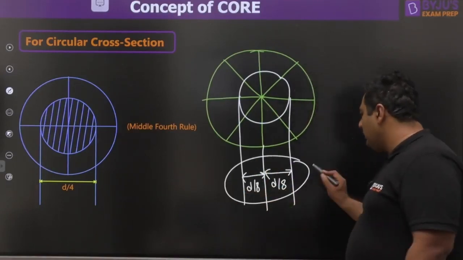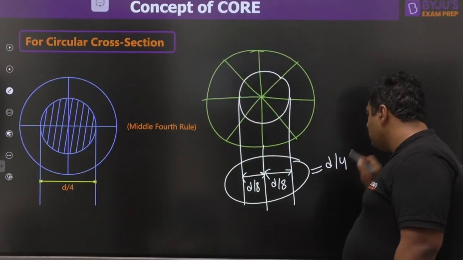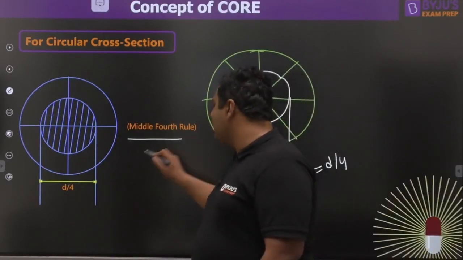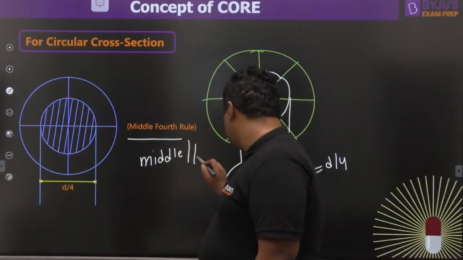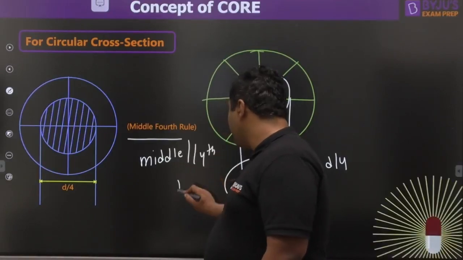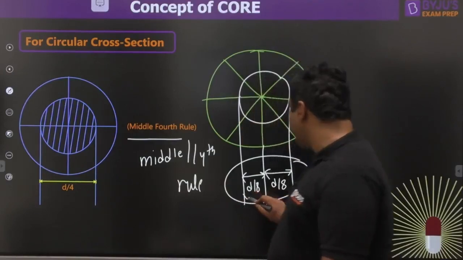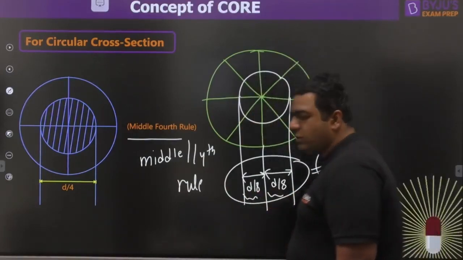In total it will be D by 4, so it is said to be the middle 1/4 rule, because D by 8 on each side becomes D by 4.